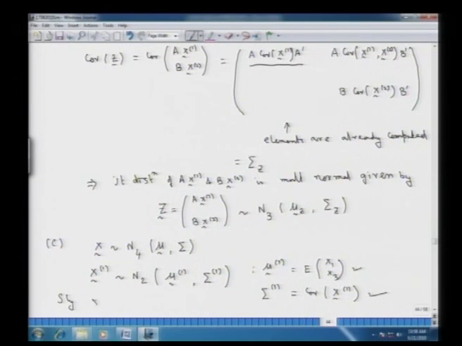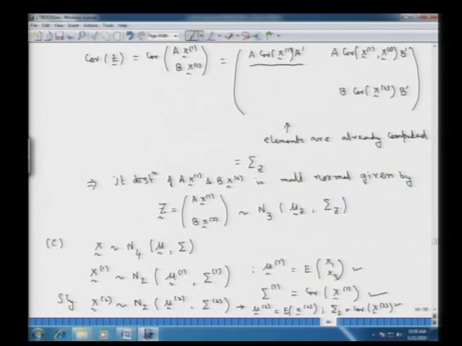Similarly, x2, the subvector comprising the second and the fourth element in this x vector, is also a bivariate normal distribution with mean vector, say mu2, and covariance matrix sigma 2, where this mu2 is expectation of the second subvector x2 and sigma 2 is the covariance matrix of the x2 subvector, which once again both these elements we have already computed.